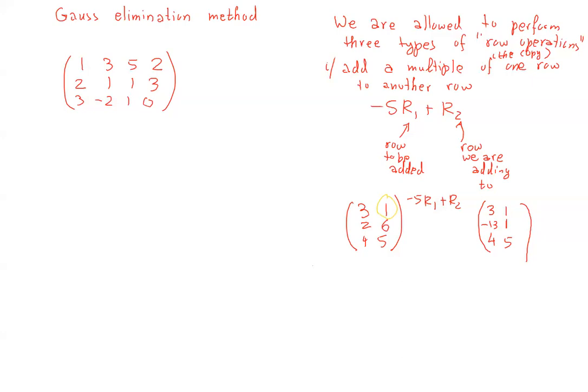The second row operation is very simple. Multiply a row by a non-zero number. You don't want to multiply by 0 because then you eliminate information. The nice thing about the row operations that we explained here is that all of them are reversible.